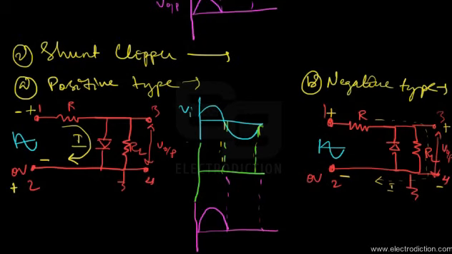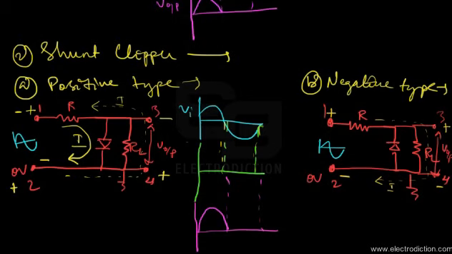Since the diode is reverse biased, it behaves as an open circuit element, and the current due to the applied input signal flows through the load resistance in this direction, and as a result generates a voltage across RL with the same polarity as the second half of the input signal.